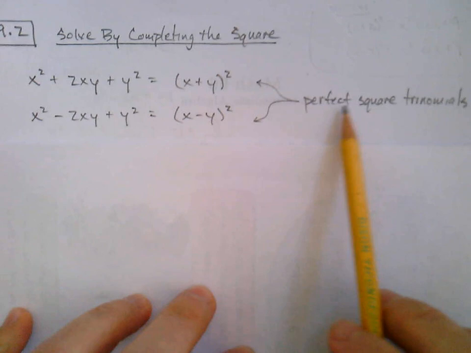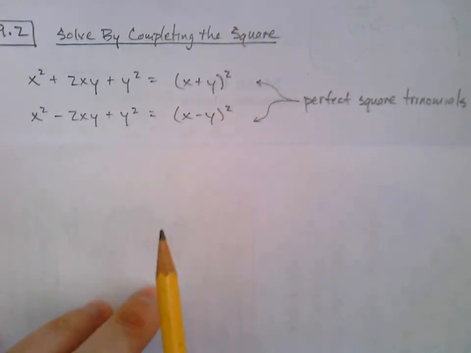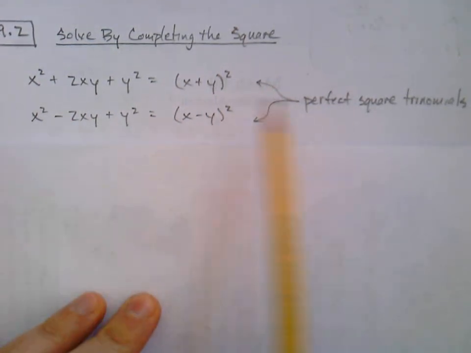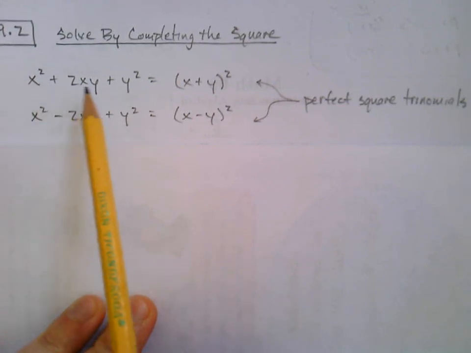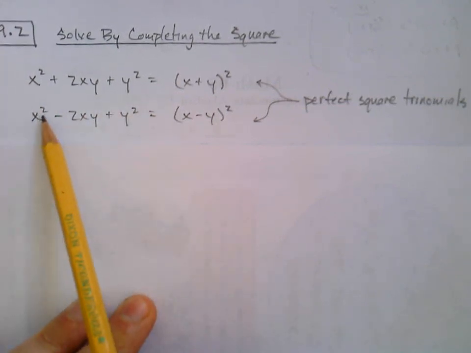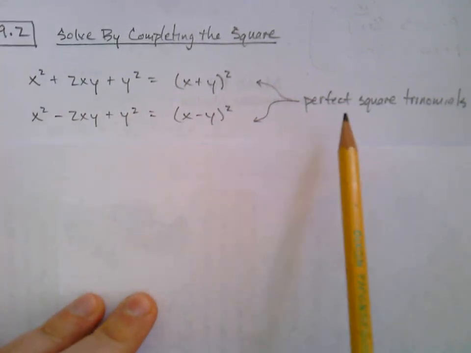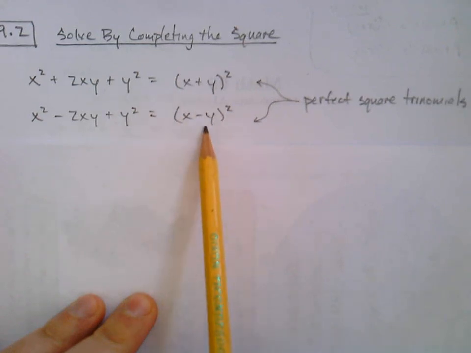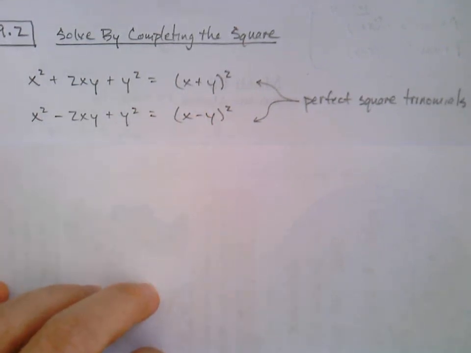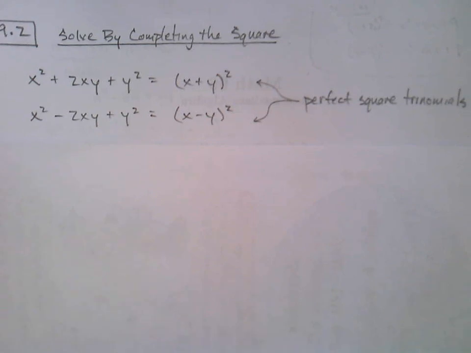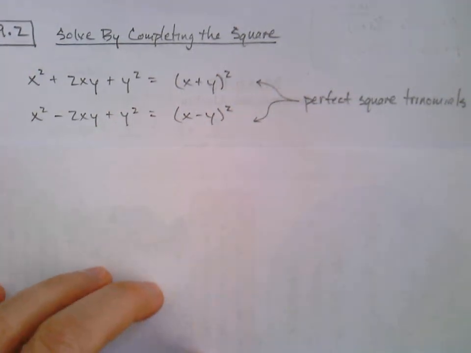These are referred to as the perfect square trinomials. The name comes from the trinomial, because there are 3 terms on the left, and it's a perfect square because it factors so perfectly as x plus y squared and x minus y squared.